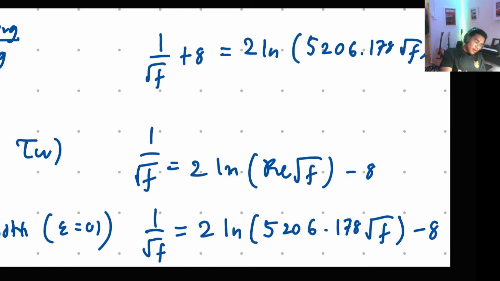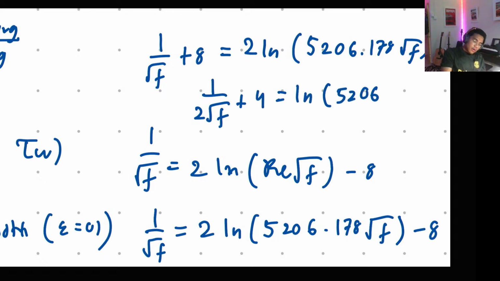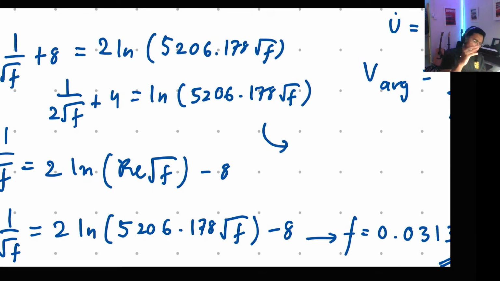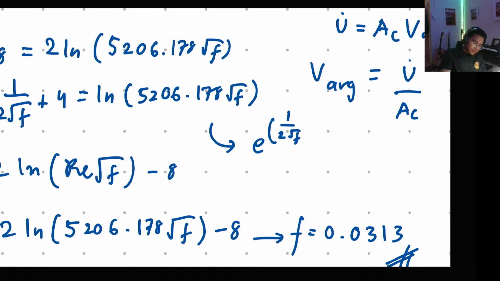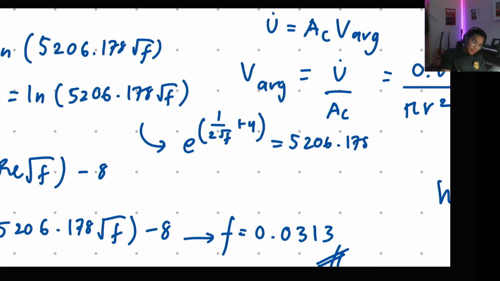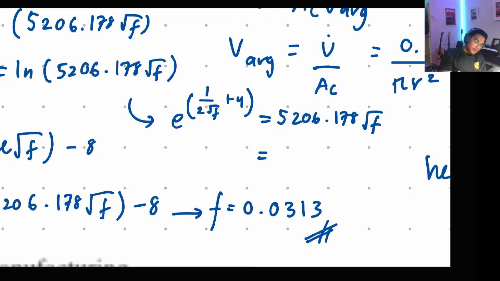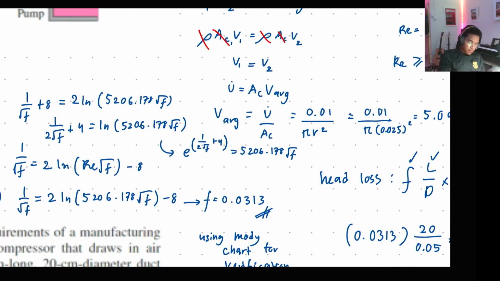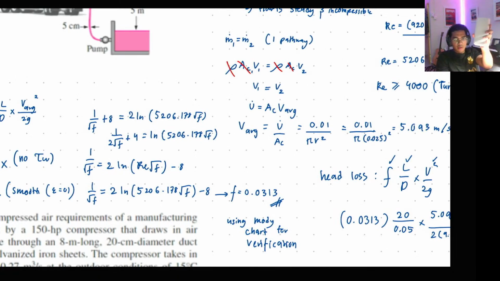So bring the 2 over here, and we get 1/root f plus 4 equals log of 5,206.178 root f. So log equals e to the power of that, and from there you substitute. But basically I just use my calculator. So I'm very sorry, but use the white calculator.